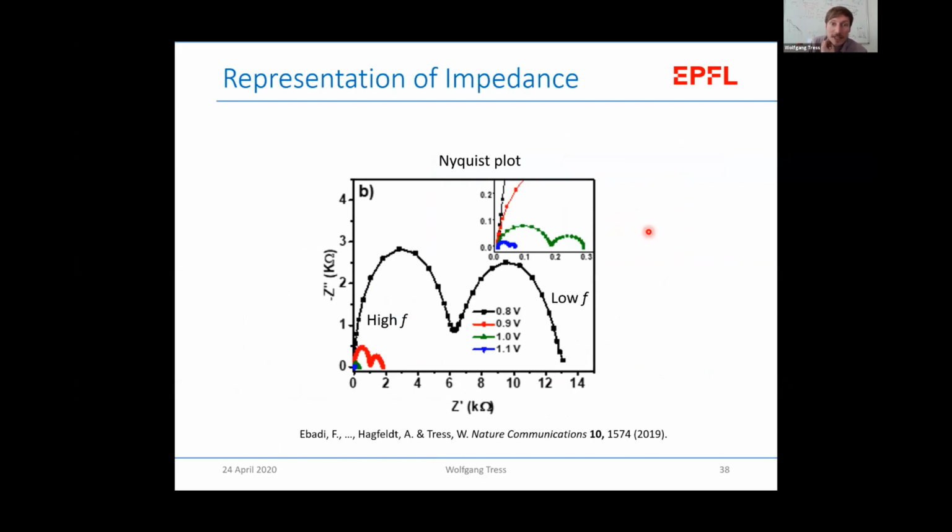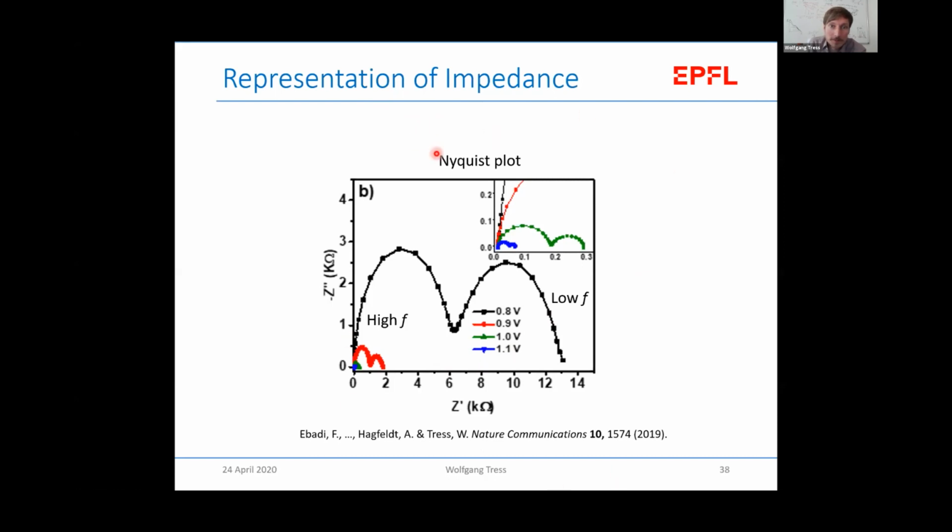So from this, I want to directly jump to this negative capacitance and at least give you an idea, if you're not an expert in impedance spectroscopy, how to understand this kind of puzzling effect.